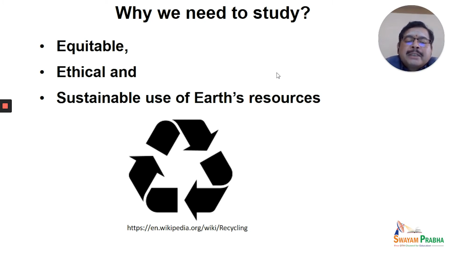Finally, we use a term called sustainable. Sustainable means how we are going to use the earth's resources in an effective manner. For example, you could find the symbol in the slide: reduce, reuse, and recycle.